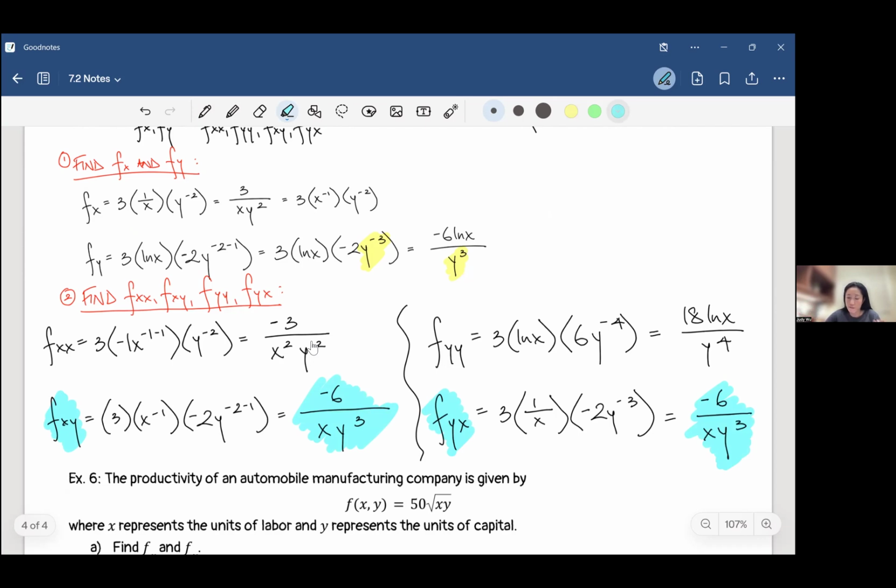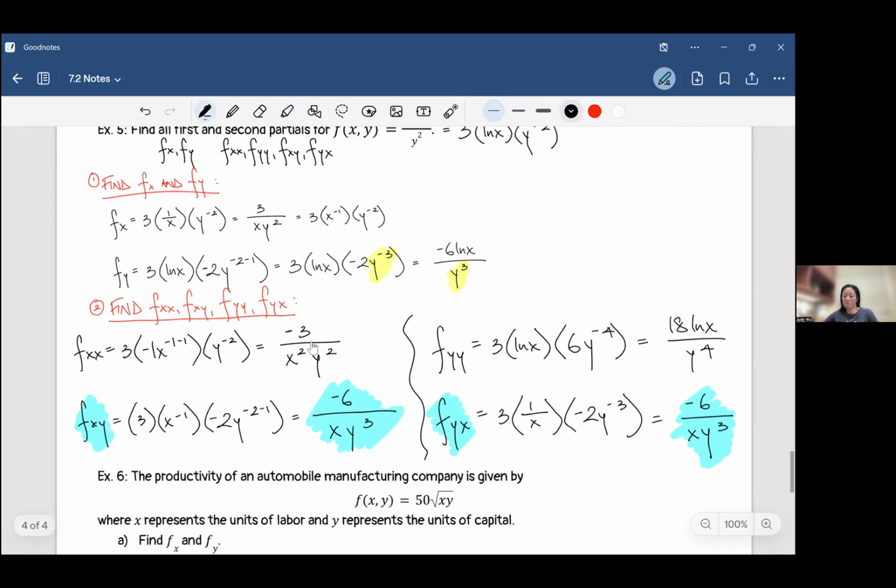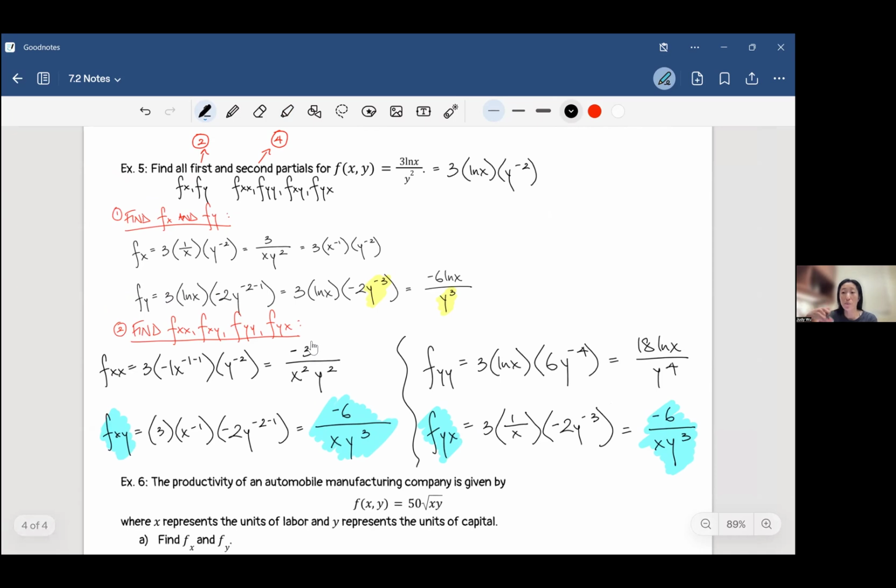Kind of cool, okay? Now, for the functions that we are going to be working with, this is not true all of the time, but when we're looking at continuous functions, meaning there's no weird skips or jumps or infinite discontinuities, it turns out that your fxy is equal to your fyx, okay? It also means that if you found one, you can find the other one because they're the same, all right?